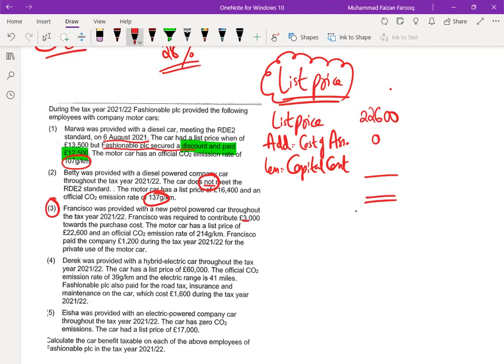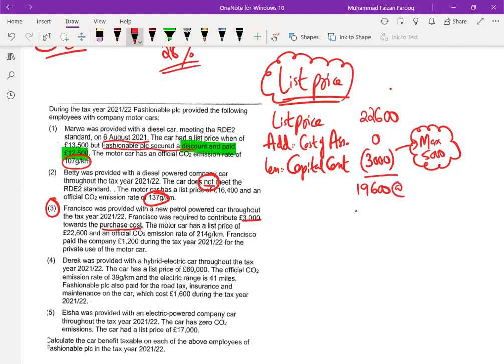This 3,000 is the contribution at the time of purchase or is it a contribution towards use? Purchase. What is the maximum cap? 5,000. He contributed under the cap or over the cap? Under the cap. So 3,000 will be deducted. How much are we left with? 19,600. Okay. Any questions still here, please?